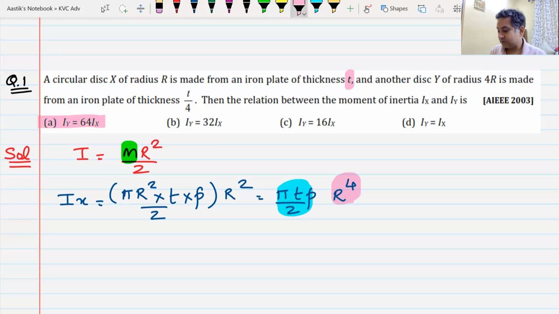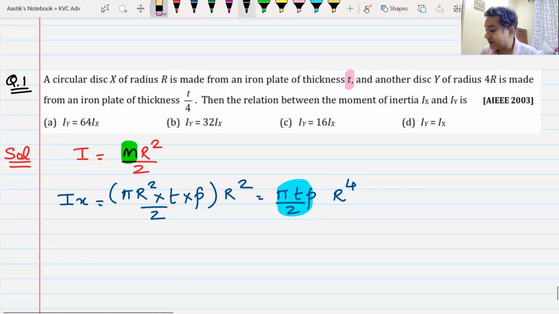And thickness also changed. Sorry, thickness has changed, so I can't do it by proportionality. Sorry, the thickness is not the same. Mistake on my part. So this is the moment of inertia of the x disk. The thickness has changed. Very correct.